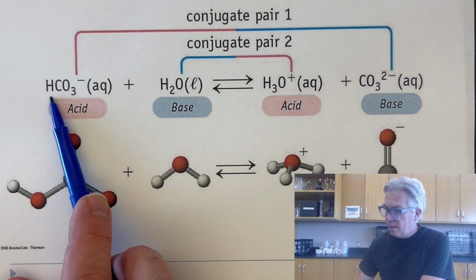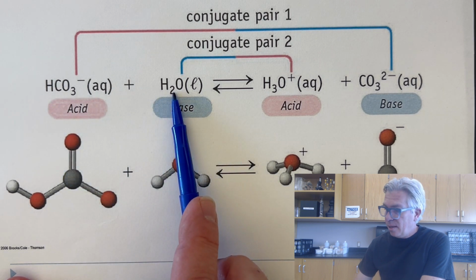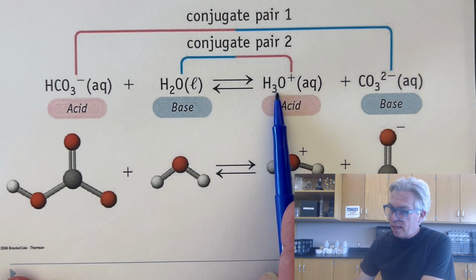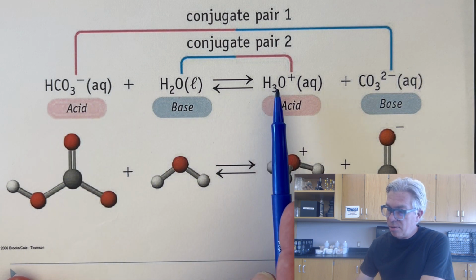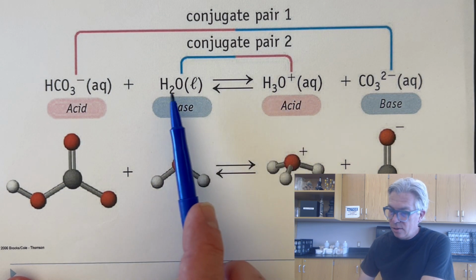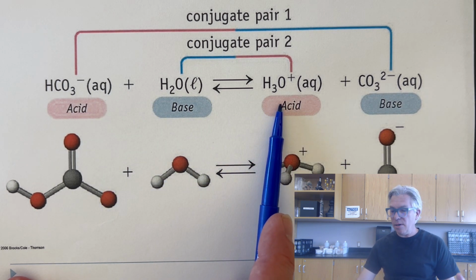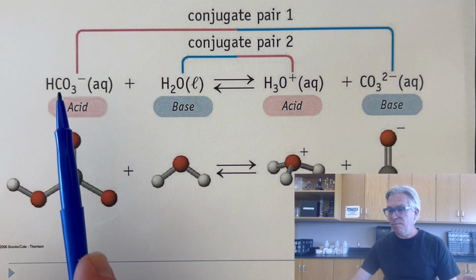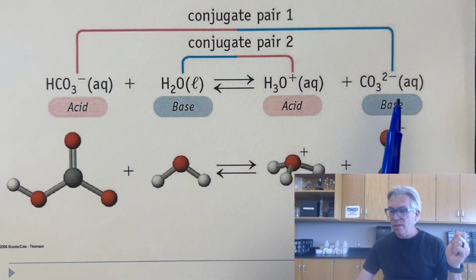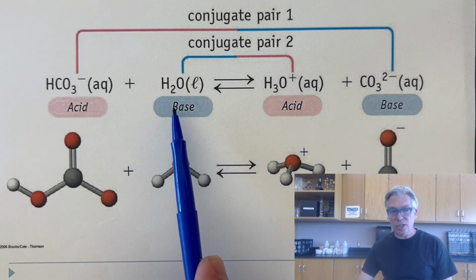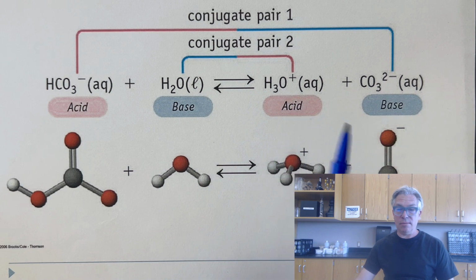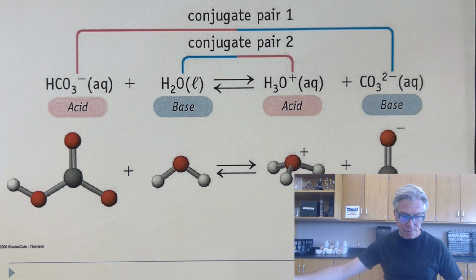That's the acid. Water here is the base. But if we wanted to reverse the reaction and have the H3O plus give the hydrogen back to this HCO3, that would act like the acid. So a couple of ways to think about it. Whatever is the acid becomes the conjugate base. Whatever is the base becomes the conjugate acid for the reverse reaction because the proton has to be swapped back.